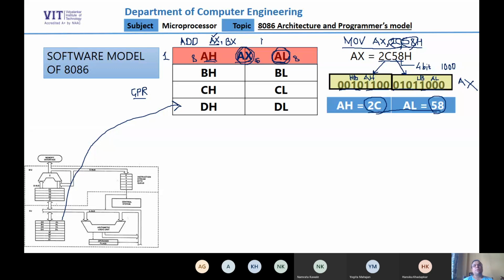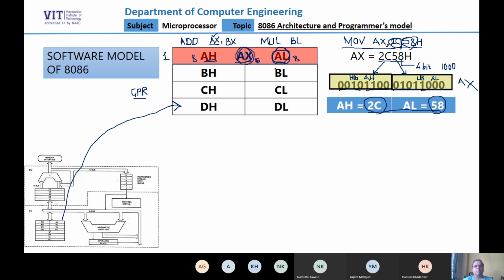But when I want to perform multiplication of two numbers, there is an instruction called MUL, which stands for multiplication. The mnemonic is MUL. And then I have to specify only one operand. I cannot specify two operands for the MUL instruction. Now, if I specify BL as that operand, BL is an 8-bit register.